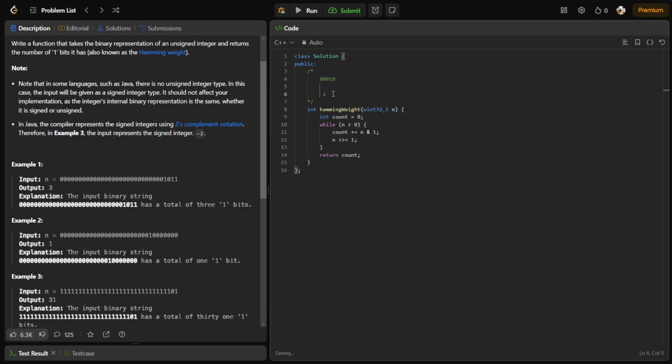There's also another one which shifts to the left. It doesn't have to be 1, it can be 2. Let's say I shift it to the right 2 times.